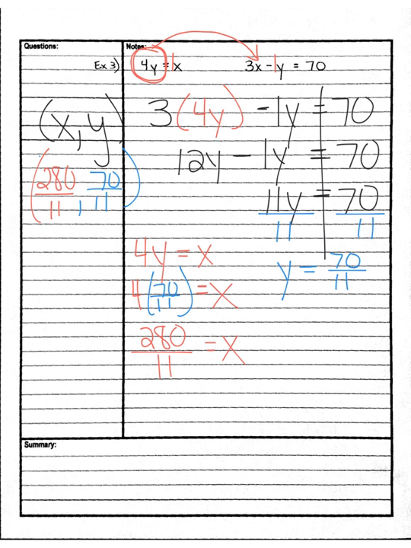Again, another reason why the graphing method, it's great because it's a visual. However, when you have decimal answers or really large numbers as answers, you don't want to have to graph those by hand. This is a one solution, meaning we got one answer to this that will make both of those equations true. And that's it for using substitution to solve linear systems of equations.